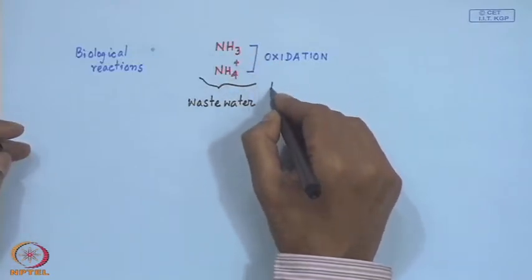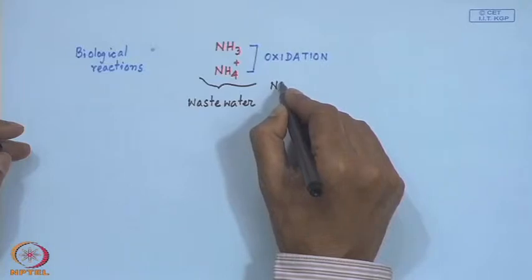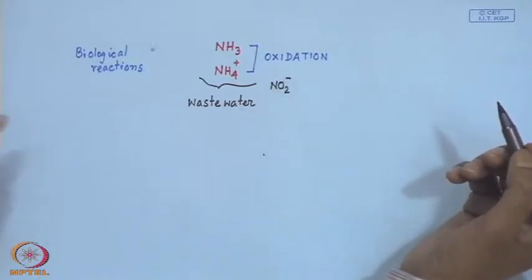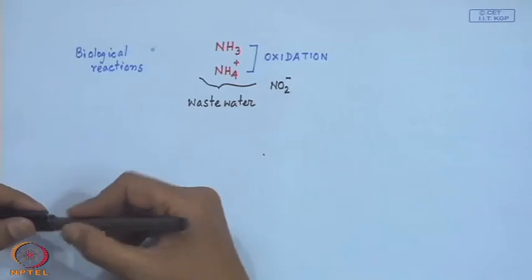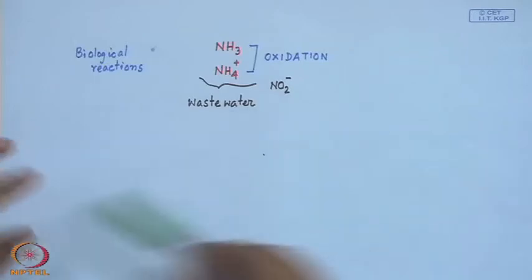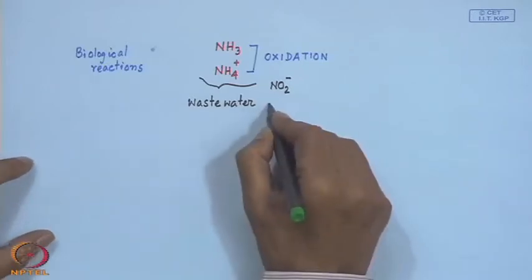So, in the wastewater, if we have ammonium ion as well as the corresponding nitrate ion, that means the salt present in the wastewater is ammonium nitrate.